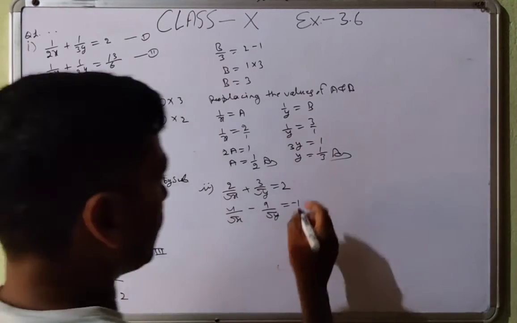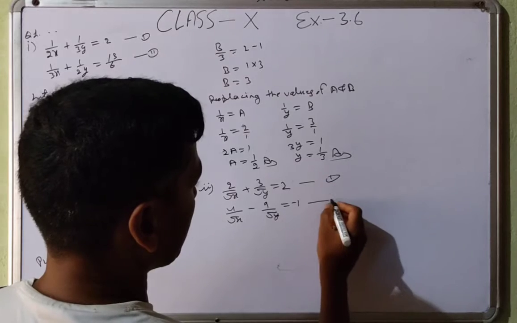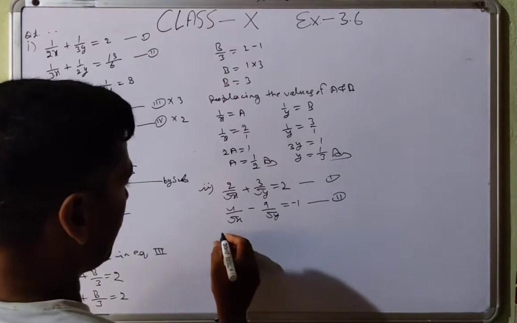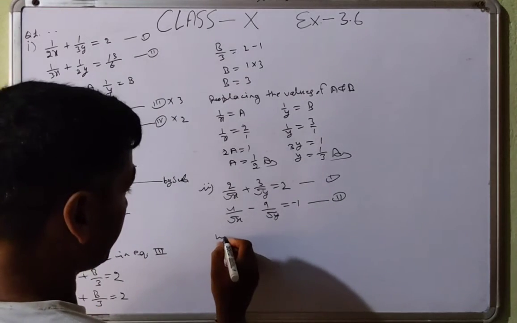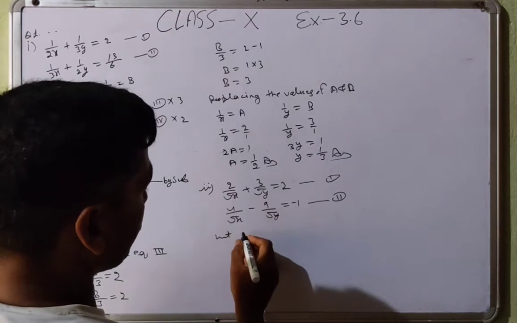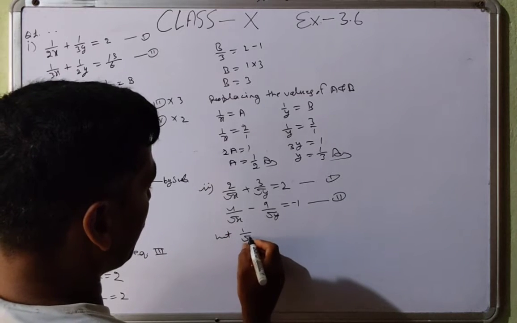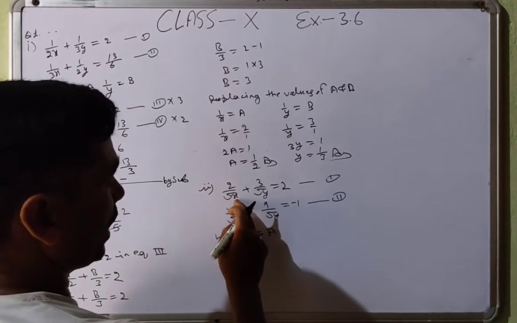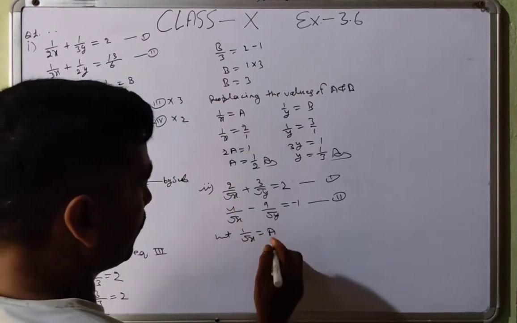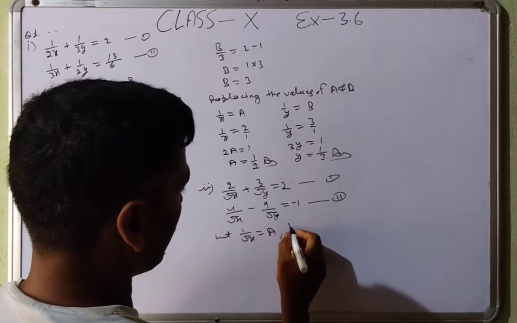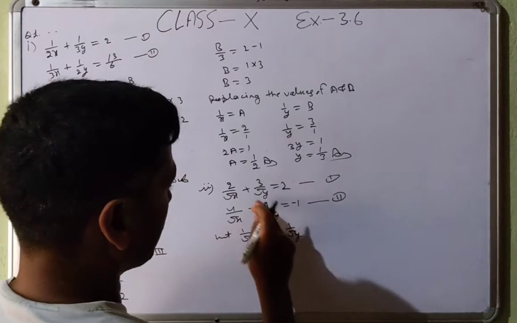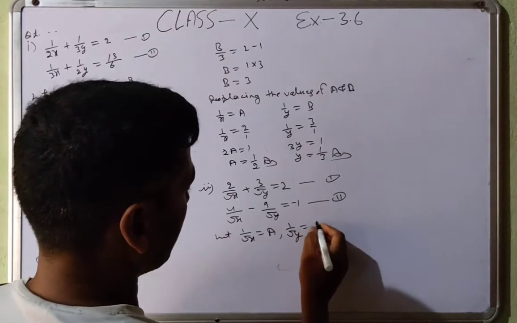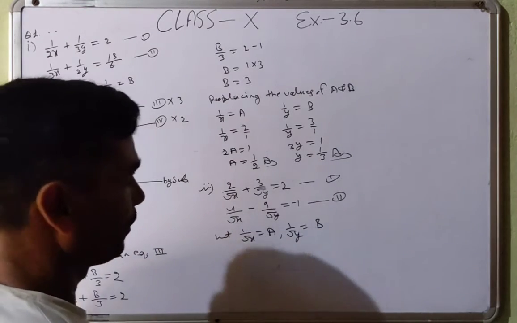So that is the first equation, and this is the second equation. Now let 1 upon under root x be a, and 1 upon under root y be b.